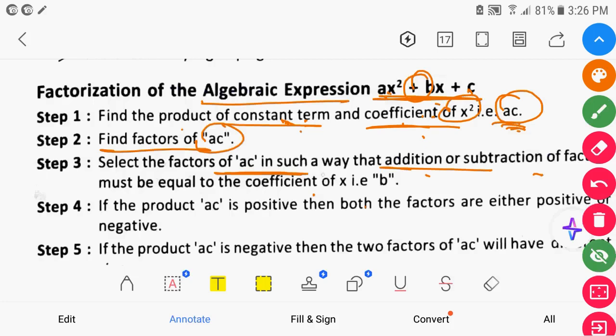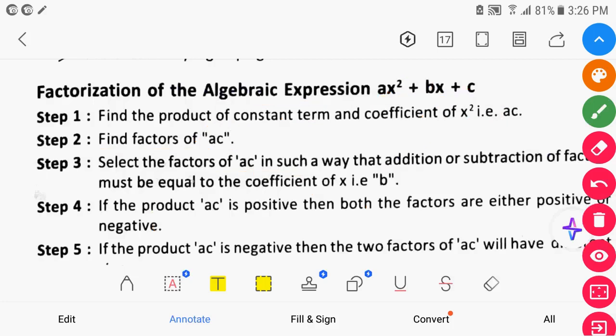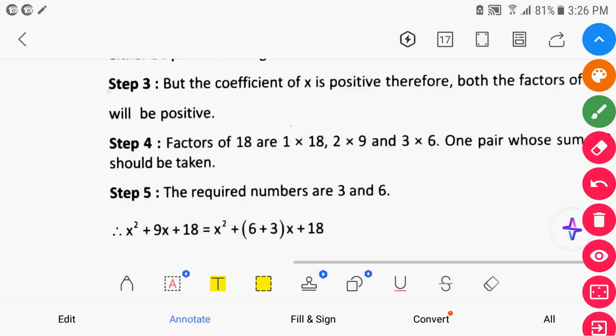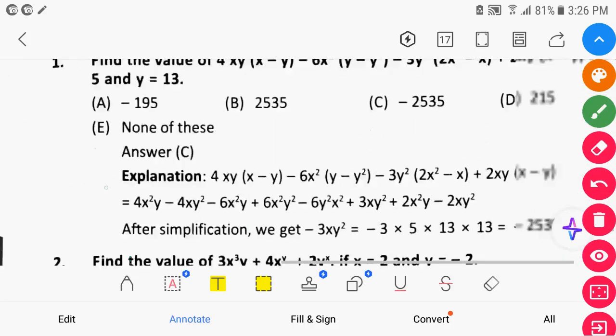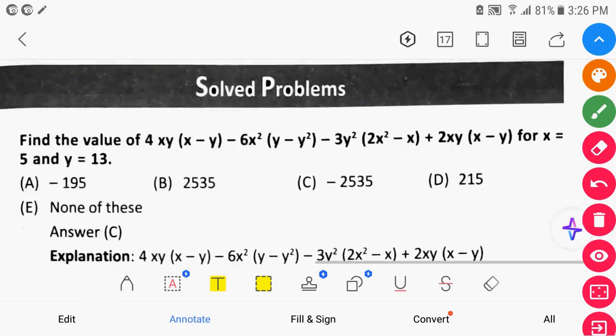Okay. Now if AC's value is positive, its factors may be both negative or both positive. If AC is negative, then one of the factors is negative. These are all the things you have to keep in mind before factorizing any algebraic expression.